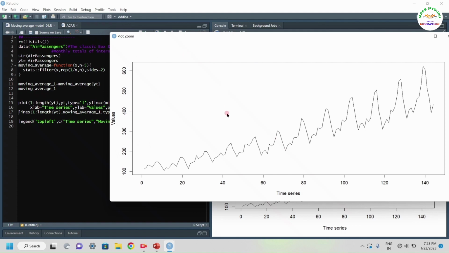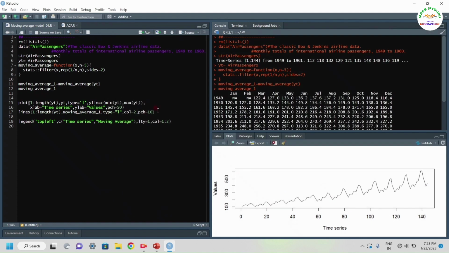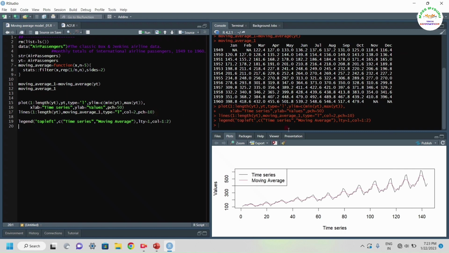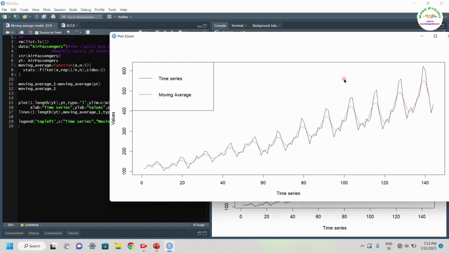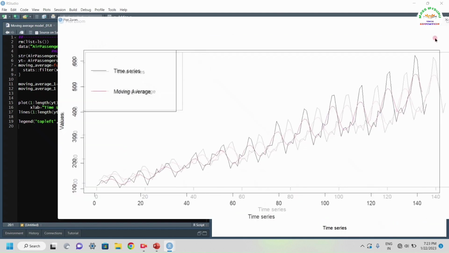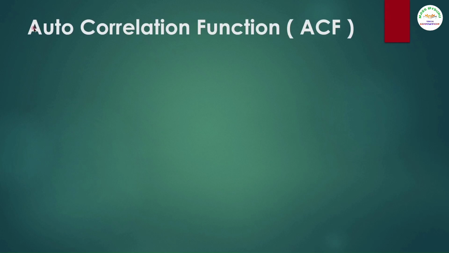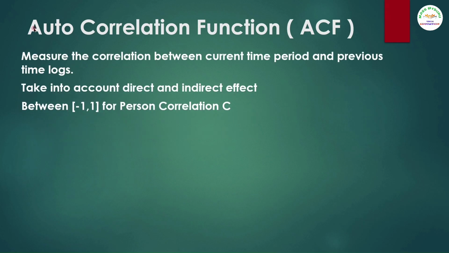This is the actual values graph, where the x-axis is the time series and the y-axis is the values. Then, by adding a line of moving average and a legend, we finally get a graph where the dark line is the time series of actual values and the red line is the predicted moving average values.